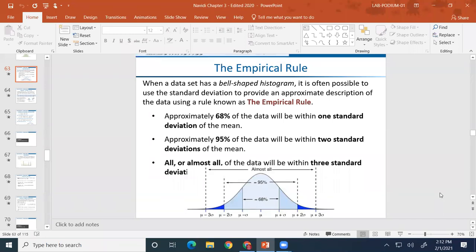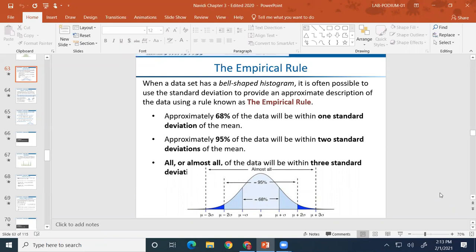There's a little bit more on either side, a very, very small amount, because if you understand anything about asymptotes, that area gets smaller and smaller as that line goes down. But for all intents and purposes, almost all that data can be encompassed with 3 standard deviations on either side of the mean.